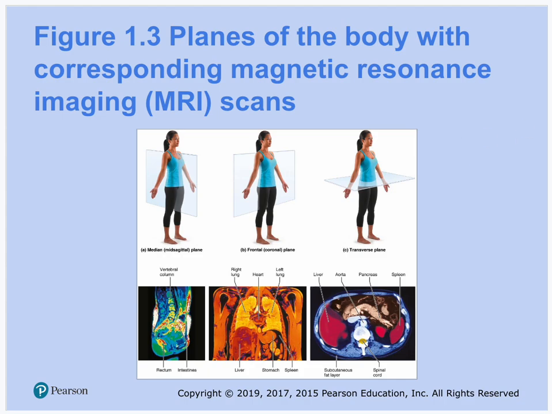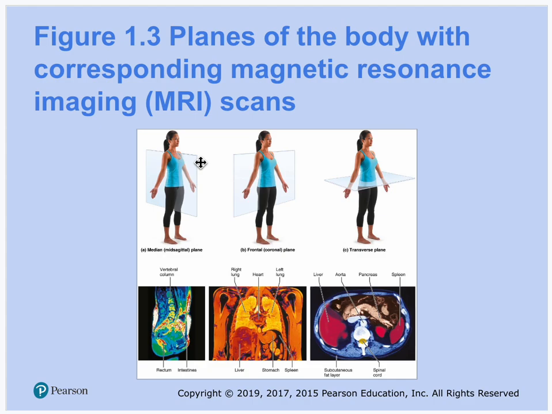We also have planes, and the planes describe how we cut dissected specimens, or they're used to describe what plane we're seeing in the imaging that we do. So CAT scans, MRIs, X-rays, all are taken in different planes. If it's a plane that separates the body into right and left parts, it's called the sagittal plane.